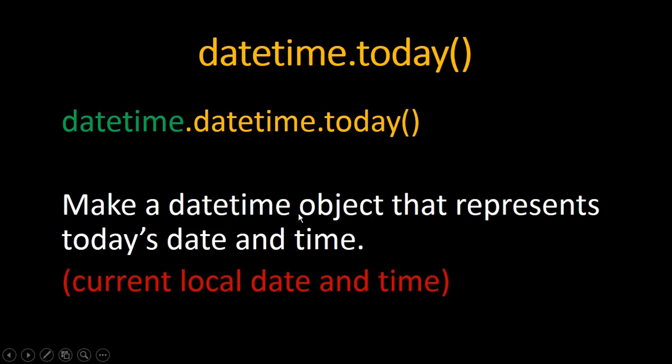It will make a datetime object that represents today's date and time, not just the date as we saw in the date object, and not just the time. It will represent the date and the time of today. And as you can see here, current local date and time. It just depends on your location and gives you the date and time.